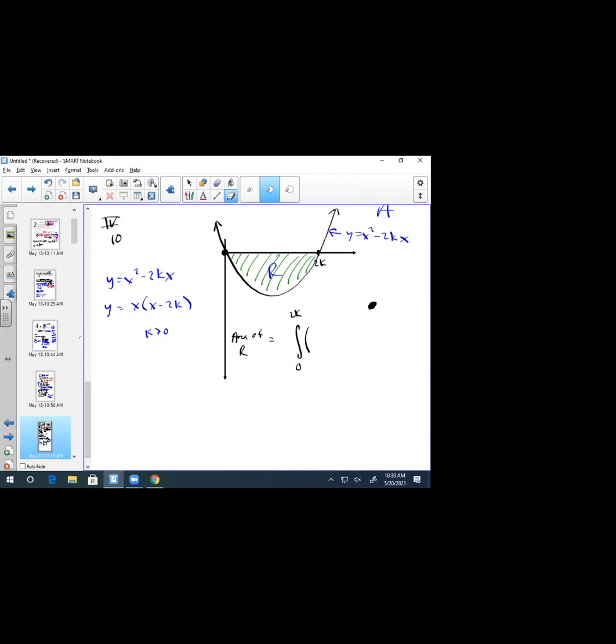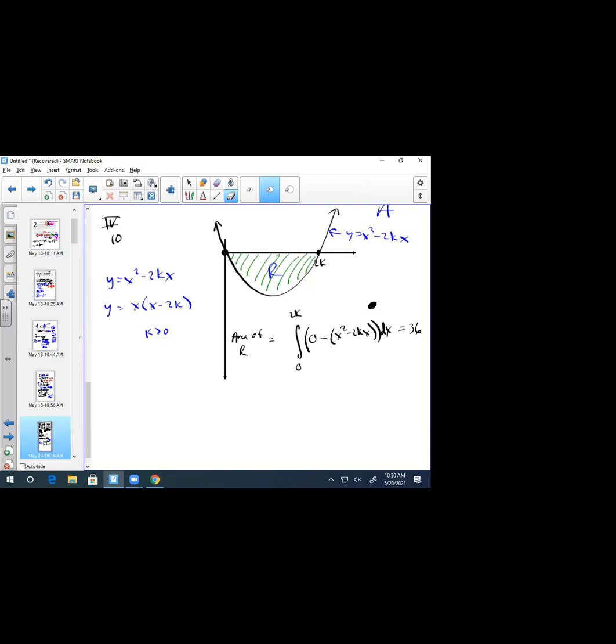Now, this is top minus bottom, so that's going to be the integral of 0 minus (x squared minus 2kx) dx equals 36. I was going to say negative this integral from 0 to 2k of just x squared minus 2kx equals 36. But I now am thinking about it as top minus bottom, where top is just the x-axis, also known as y equals 0.